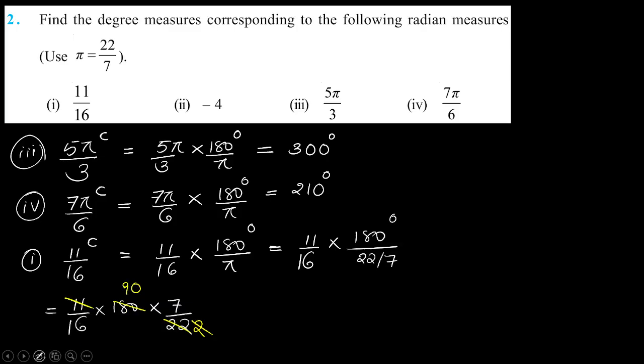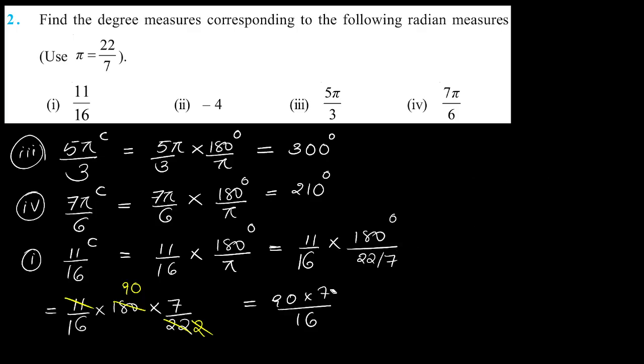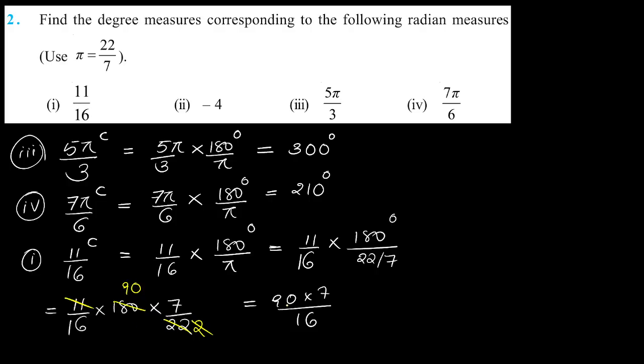90 into 7 by 16. Can I divide this? 90 by 16 is... no, it is 80. Sorry. So dividing numerator and denominator by 2, 45 into 7 by 8.